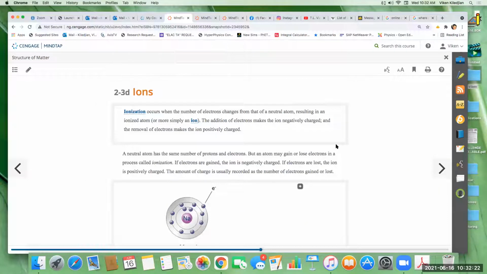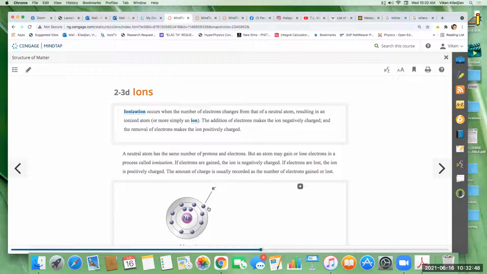So now it says ionization occurs when the number of electrons changes from that of a neutral atom, resulting in an ionized atom, or more simply, an ion. The addition of electrons makes the ion negatively charged. So if I add more electrons into the valence shell, the outside shell, then the atom is going to be negatively charged.